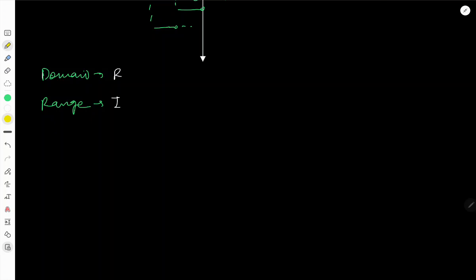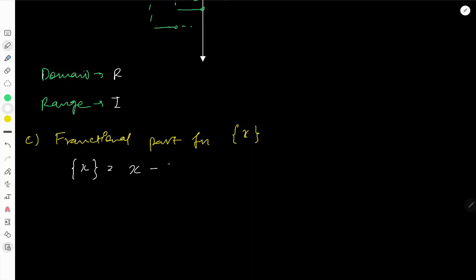Now let us go to another important function, that is the fractional part function, and that is denoted generally by this. The definition of the fractional part of x is that it is x minus the greatest integer of x.